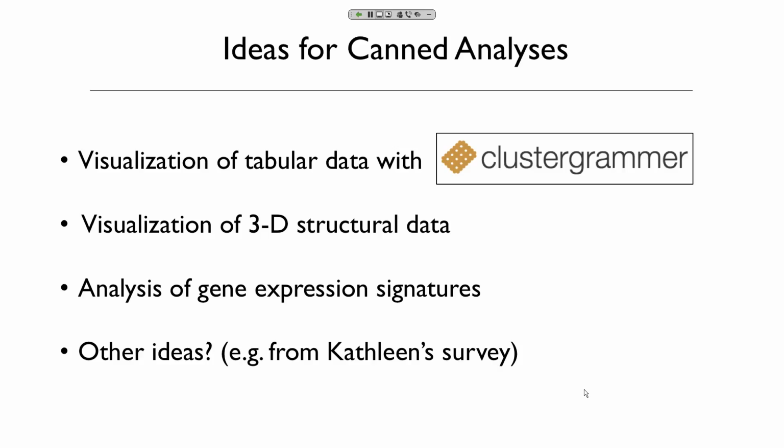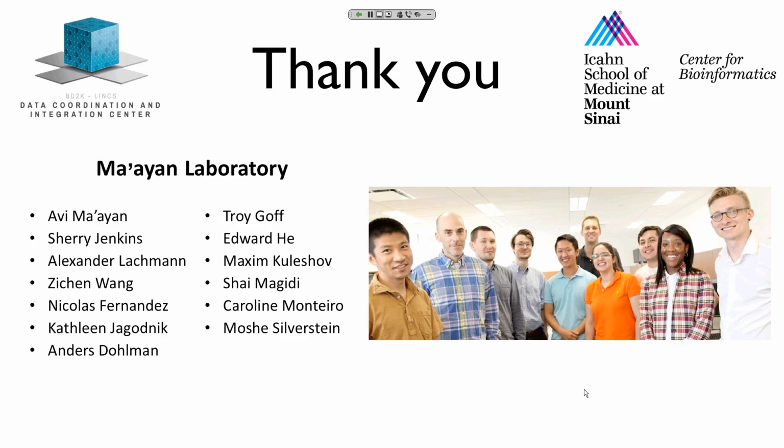Of course, also analysis of gene expression signatures, and potentially any other type of analysis run by tools on datasets. In this regard, Kathleen's survey on the dataset and tool types on DataMed would be very useful. I think she'll talk about it briefly soon. So this wraps up the presentation, and I'm happy to take questions if you have any.